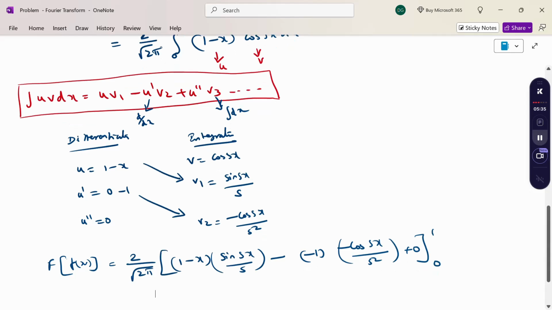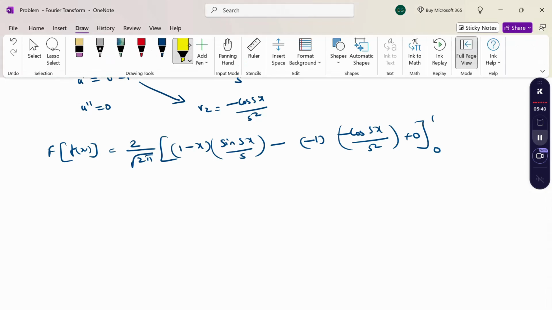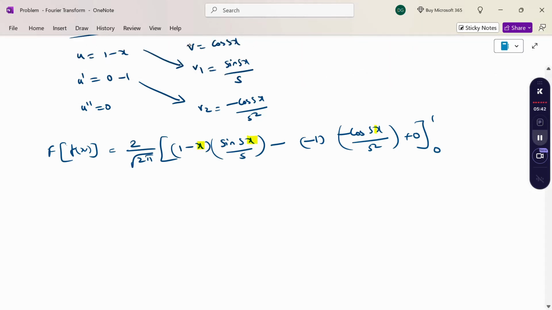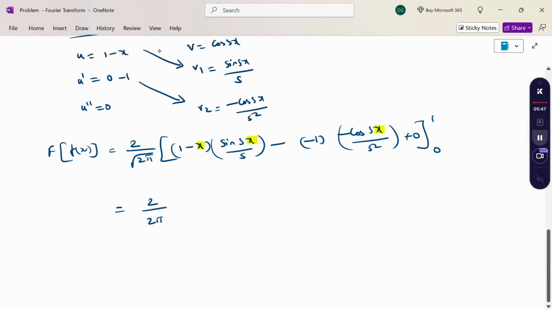Upper limit minus lower limit: substituting x = 1, the first term becomes 0, leaving minus cos s / s^2. Minus the lower limit: at x = 0, sin 0 is 0, and the remaining term is minus cos 0 / s^2.